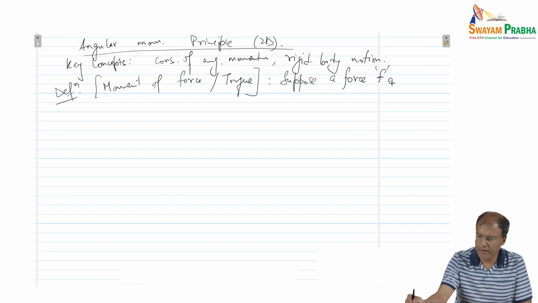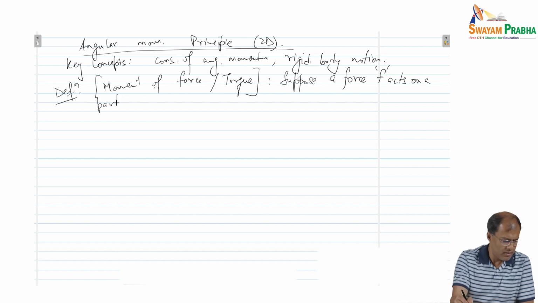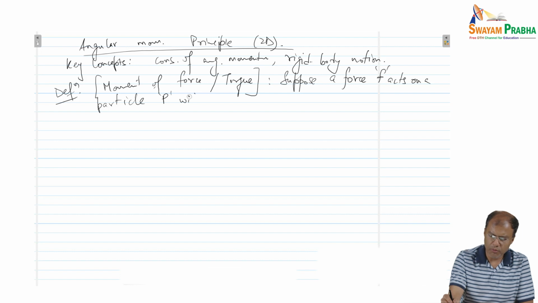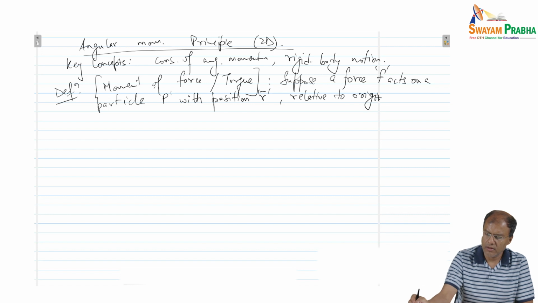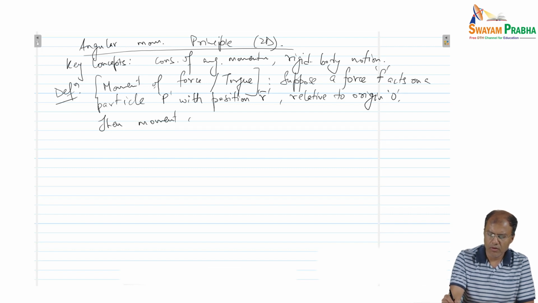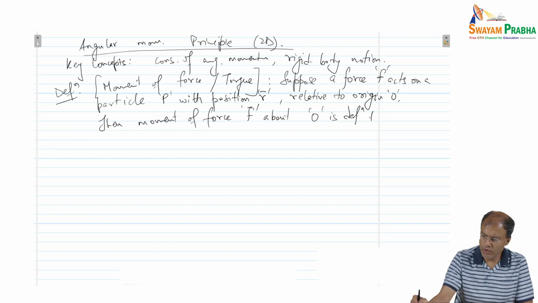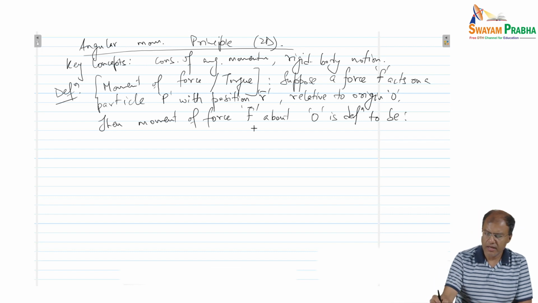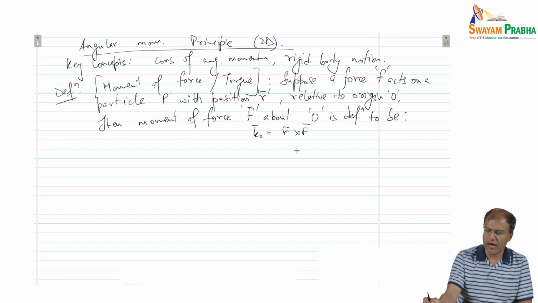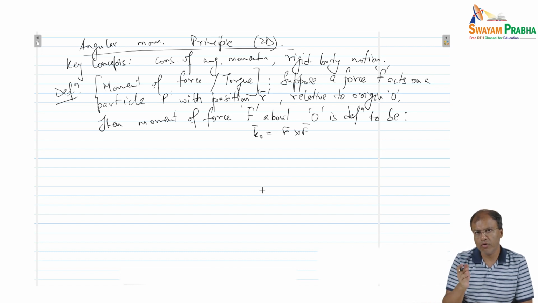Suppose the force F acts on a particle P with position R relative to the origin O. And then the moment of force F about O is defined to be KO is R cross F, where R is the perpendicular distance of the axis of rotation and the point object on which the external force is acted upon.